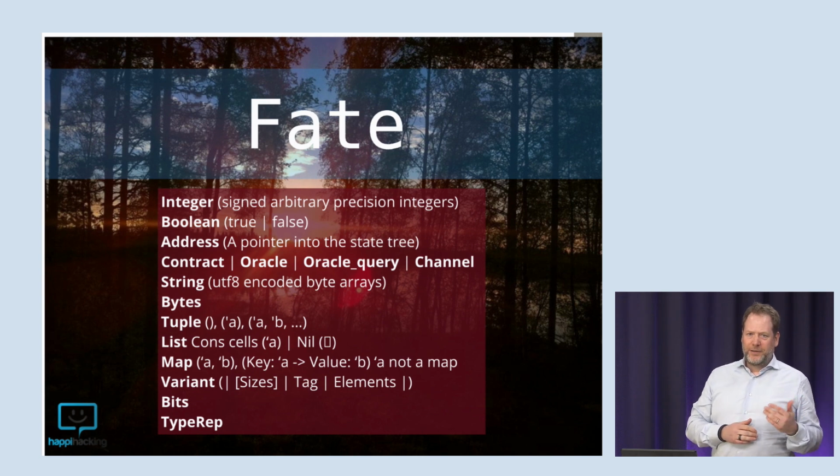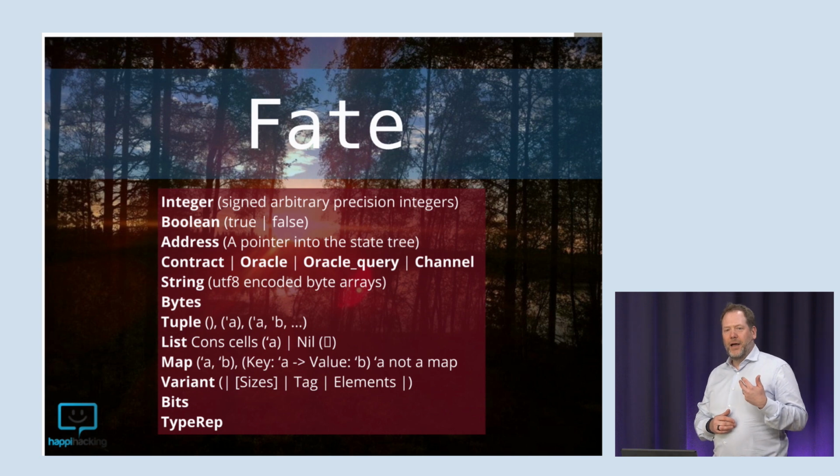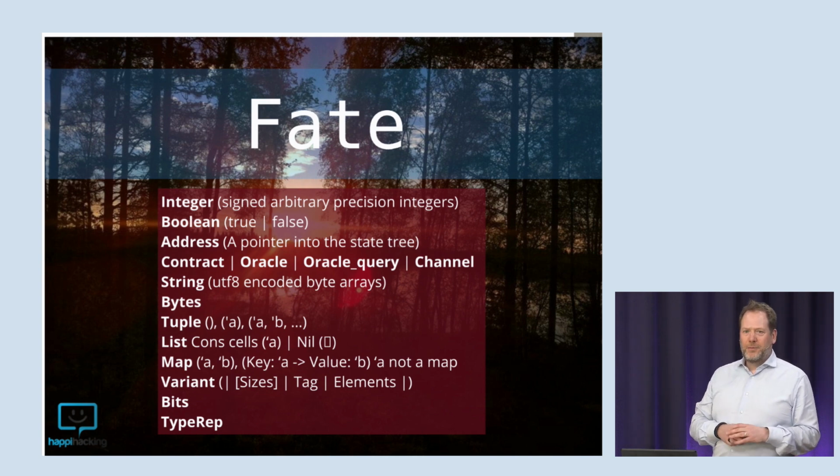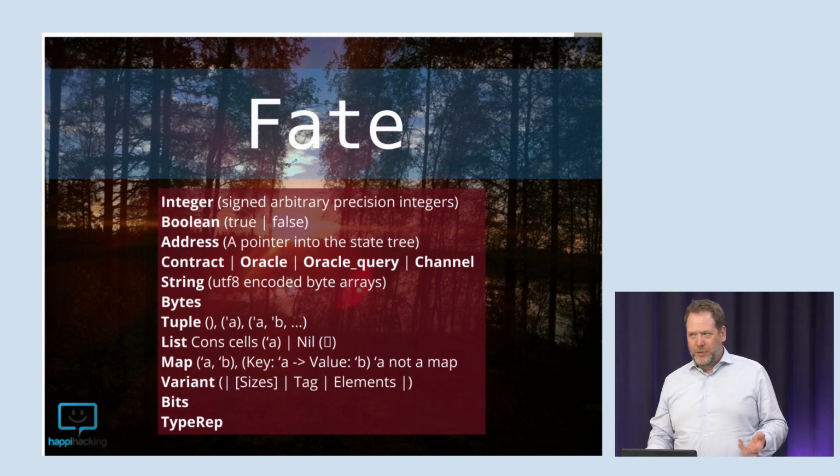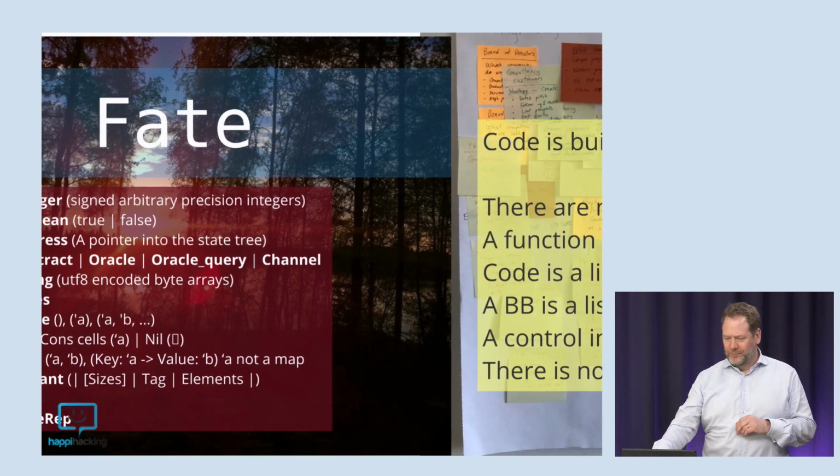It has strings and bytes, tuples, lists, maps, and variant types. So you can also define your own types in the virtual machine. It has bits and also a type for types, so you can reason about the types in the machine.